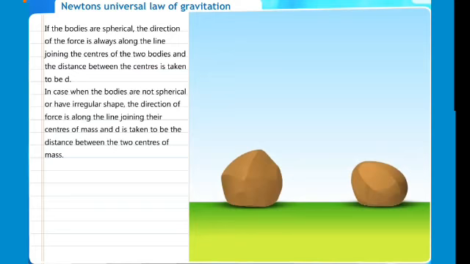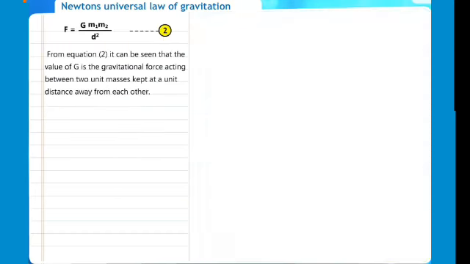Now see next, in case the bodies are not spherical or have an irregular shape, the direction of force is along the line joining their centers of mass, and d is taken to be the distance between the two centers of mass. For an irregular shape, the distance is taken from its center.